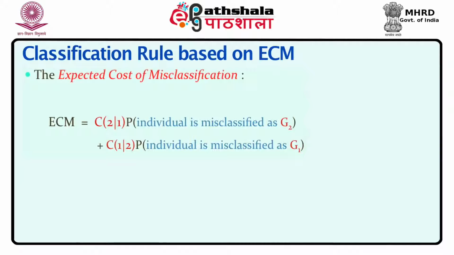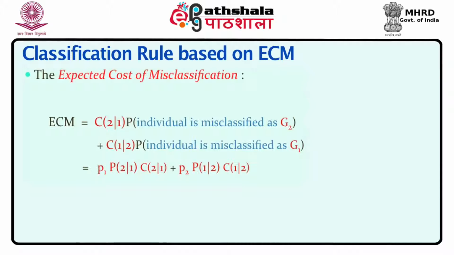Now when you find expected cost, it has to be the cost of misclassifying an individual from G1 to G2 times the probability that the individual is misclassified as G2, plus the cost of misclassifying an individual from G2 into G1 times the probability that the individual is misclassified as G1. And this, as we have seen before, the probability that an individual is misclassified as G2 is P1 times P(2|1). So we simply multiply it by C(2|1), and similarly for the second part.